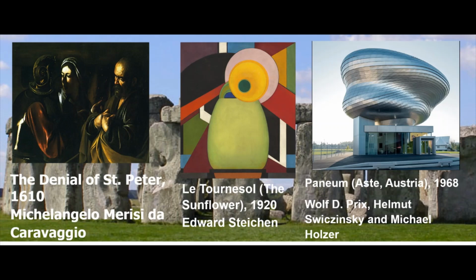Next is the Panem, created in 1968 by the urban planners and architects Wolf Dupre, Helmut Swierczynski, and Michael Holzer. It is a free-form structure inspired by Noah's Ark.